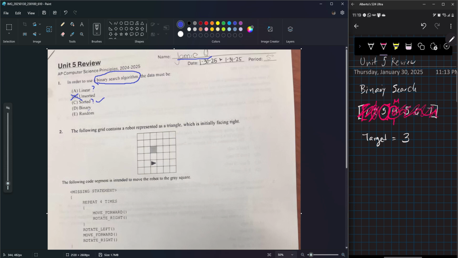That's a question mark and a check mark because this one looks right. Binary, we don't have any binary here. It's just the name. So that's not it. And then random, these are not random data, right? They're like ordered numbers. So it's not random. The answer is sorted. So remember, binary search only works for sorted lists.